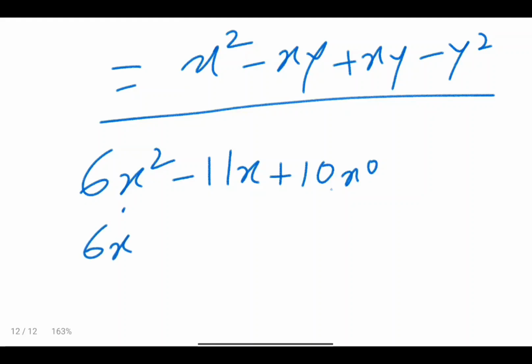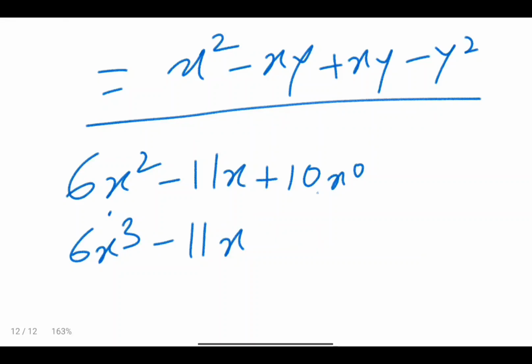If it is like this, let's say minus 11x, not like this, let's say it's x cubed minus x squared minus 10x, you can still do it, but basically as long as you have something like this, you can do it.